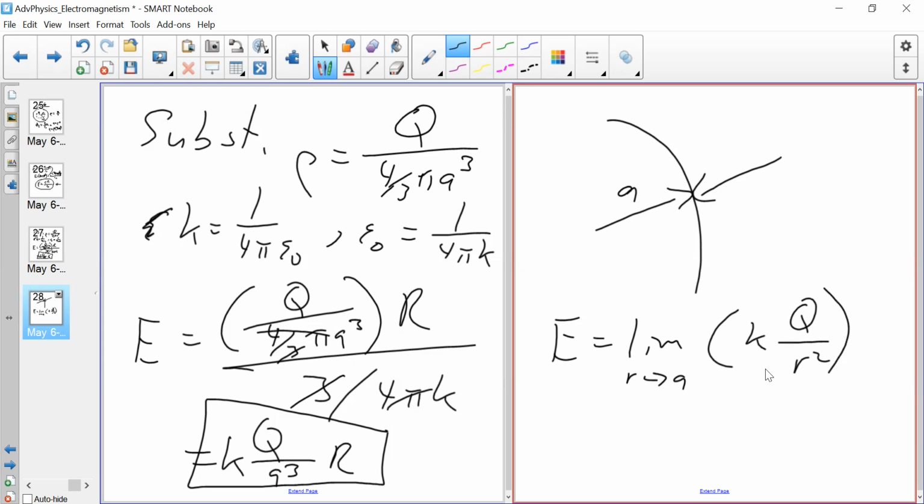Now R approaches A. It's not exactly equal to A, it's approaching A. So we can just make a substitution as if it was A, and then we'll say KQ over A squared. That's what the electric field would look like if you approached it from the outside of the sphere.